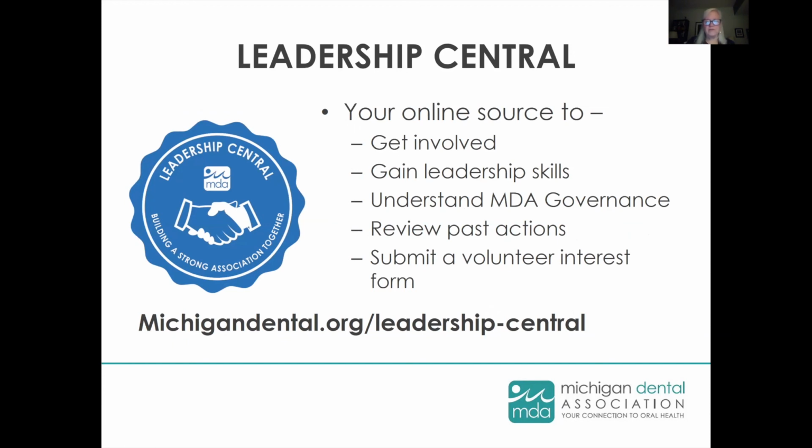There are a number of different resources up there for developing leadership skills and also understanding how the MDA governance system works. It's a place where you can go to review past actions of the board and the House, or if you have a friend or a colleague that you think would be great to get involved, encourage them to go to Leadership Central and submit a volunteer interest form.